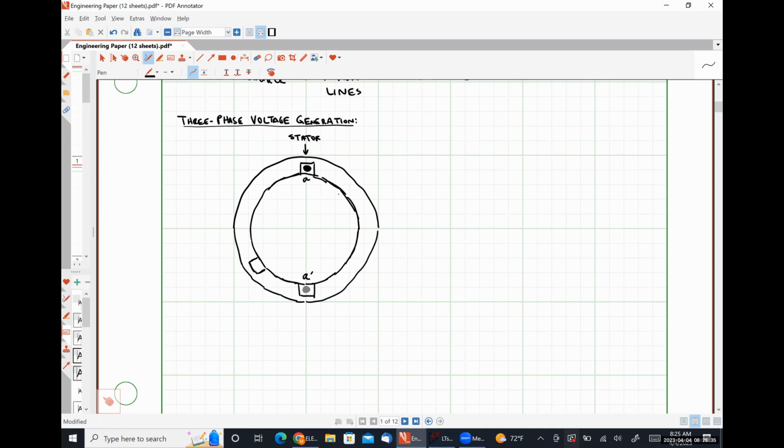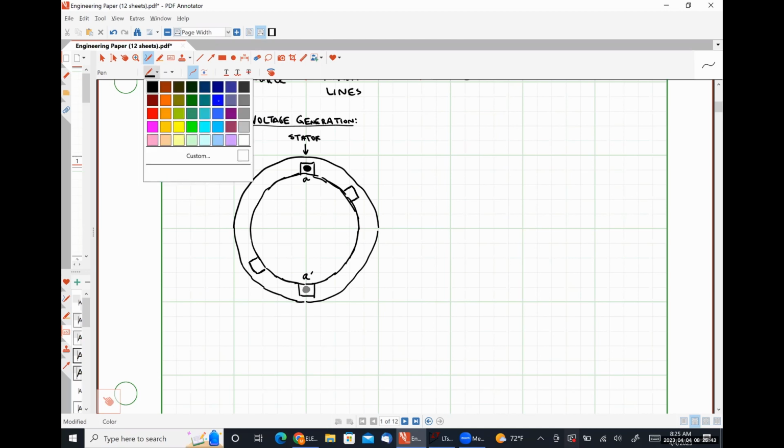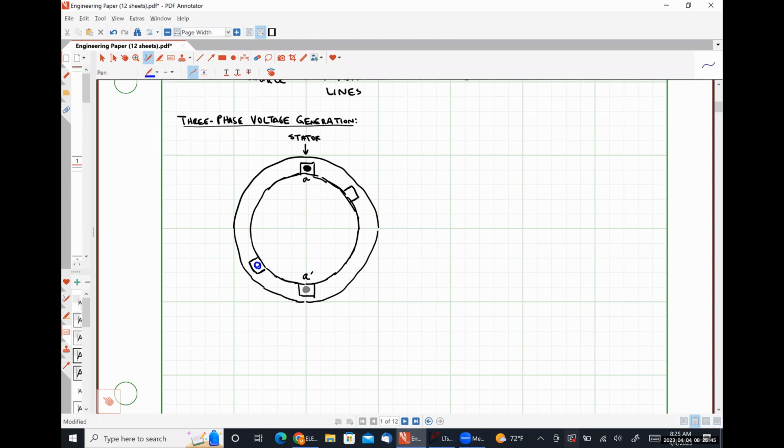So that's going to be another winding, and then directly across, I'm going to have its return path. So for this B phase, I'm going to put a blue dot. And for the B prime phase, I'm going to put a gray dot.